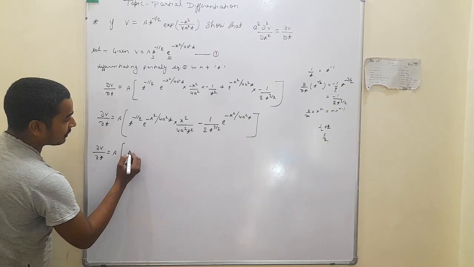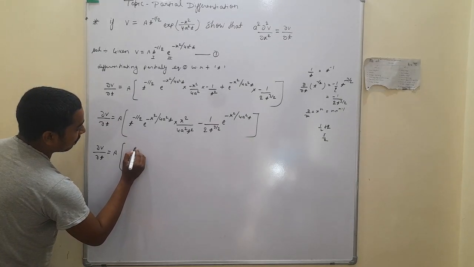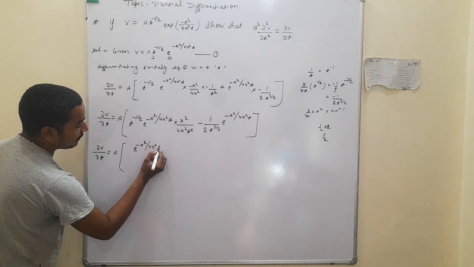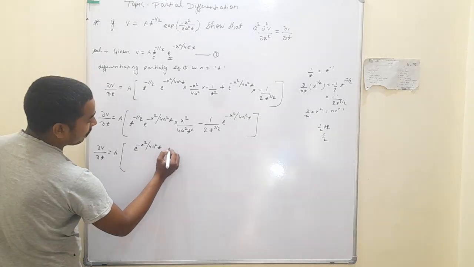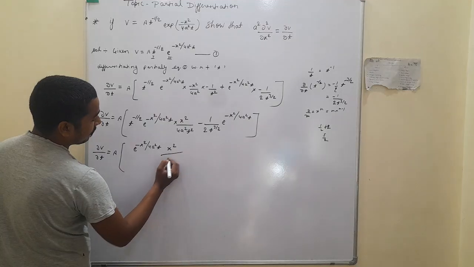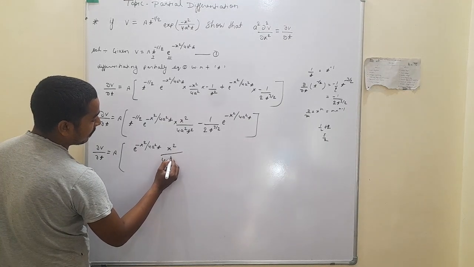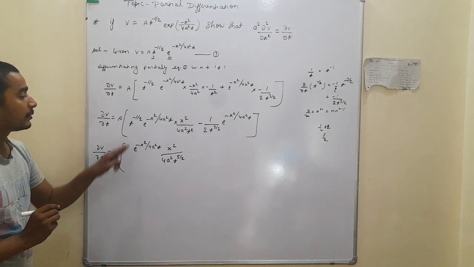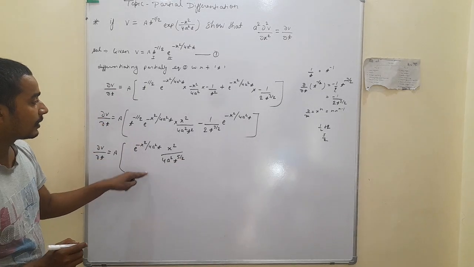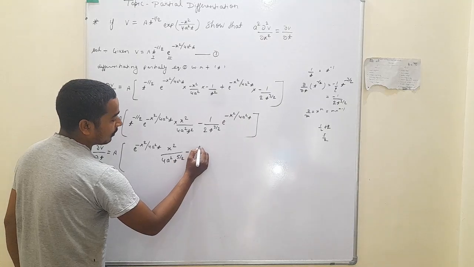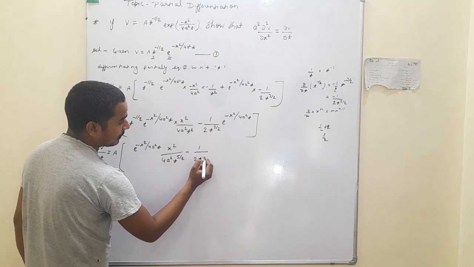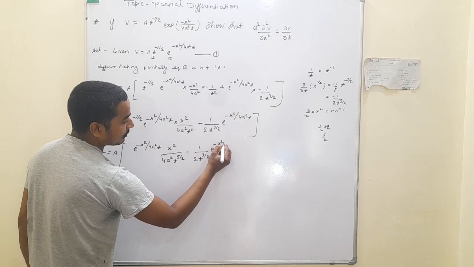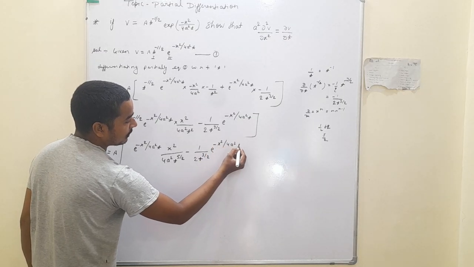So this becomes e to the power of minus x square upon 4a square into t into x square upon 4a square and t to the power of 5 by 2. t to the power of minus 1 by 2 is taken to denominator, and here is minus 1 upon 2 into t to the power of 3 by 2 into e to the power of minus x square upon 4a square into t.